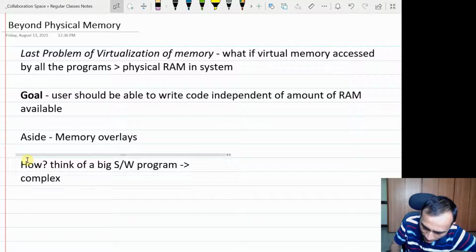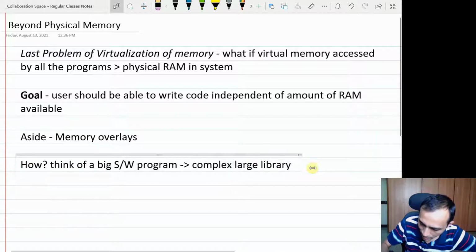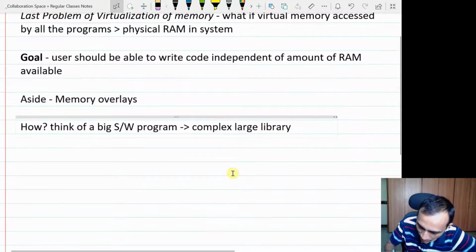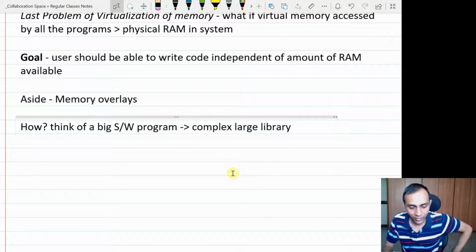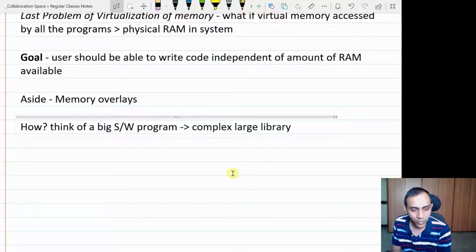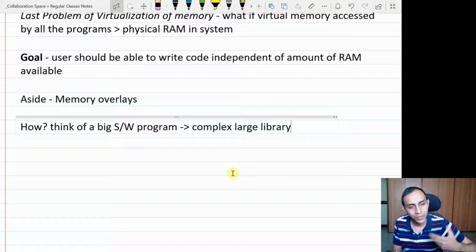I work in computer vision, and sometimes we have to use many libraries: a machine learning library, the OpenCV library, plotting and visualization libraries. When you compile that program and it bundles all those libraries into the executable, and then you try to load it, the size of that executable becomes so big. But rarely is all that portion of the code actively used.